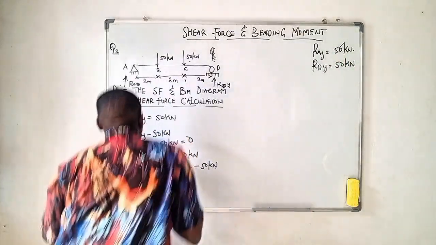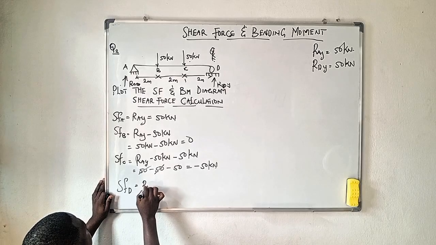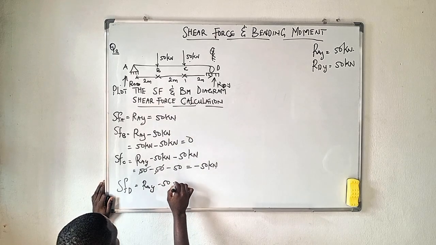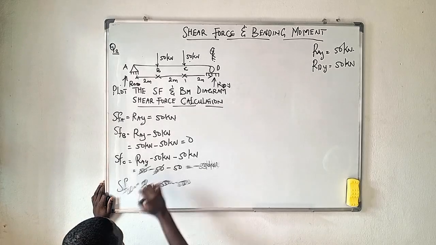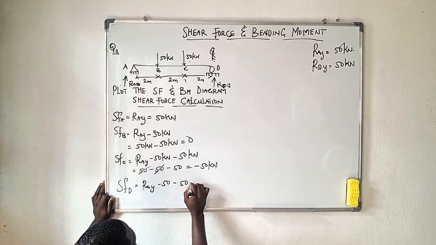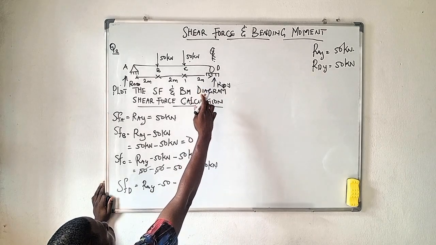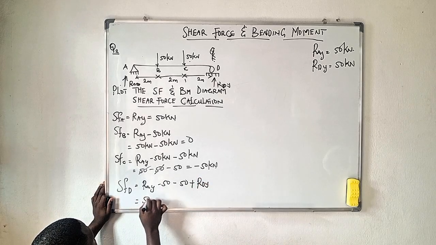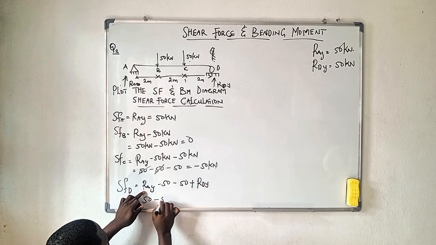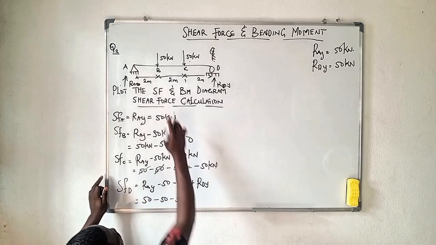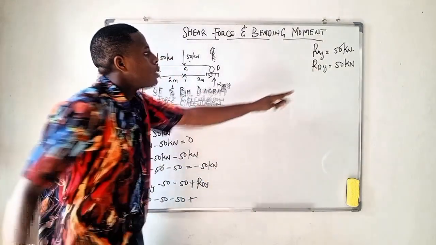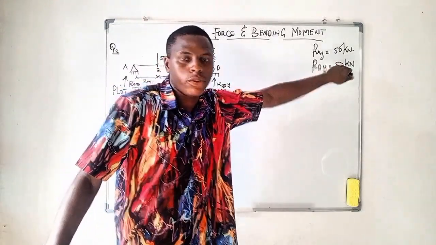So you are seeing the force RAY with the point load 50 minus another point load 50 plus, because it's an upward force, RDY. And we know that RAY is 50, minus your 50 minus 50, which are the two point loads, plus RDY. We already know RDY to be 50 kilonewton.